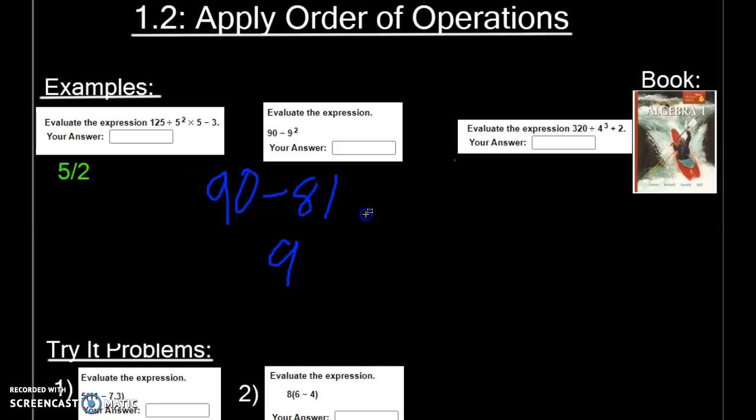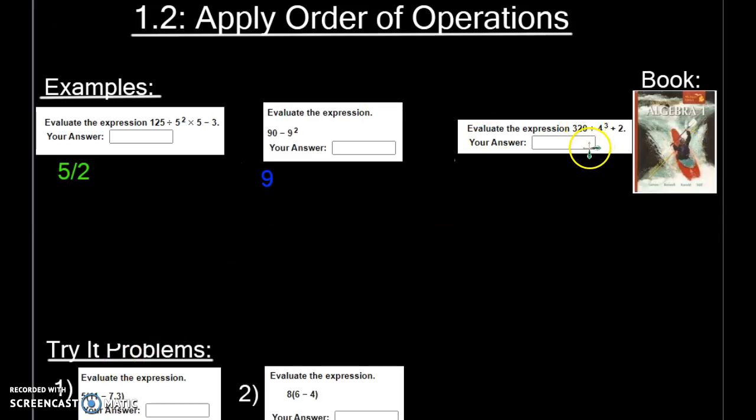Your answer would be 9, so we can just write 9 over there. So your answer would be a 9 for number 2. Alright, number 3.